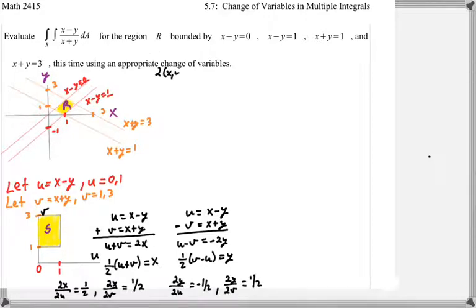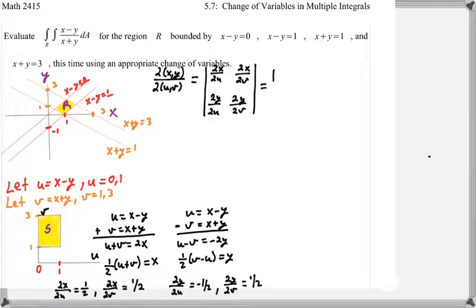Okay, so let's go ahead and write out our Jacobian. The partial derivative of (x,y) with respect to (u,v). The first column is going to be dx/du and then dy/du, and the second column is dx/dv and dy/dv.